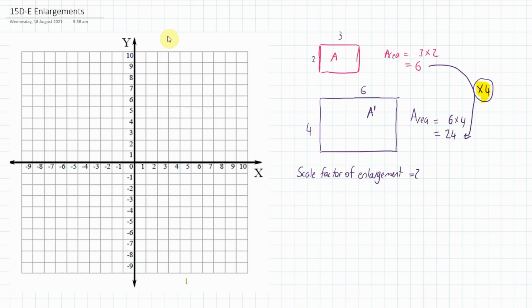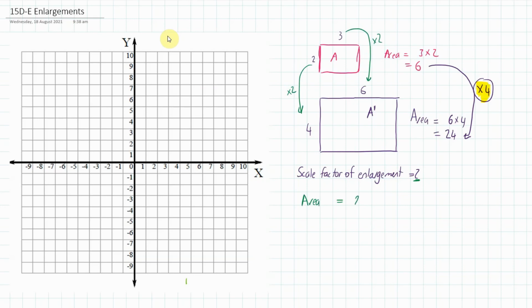So what does a scale factor of 2 actually mean? Well, it means that every side is multiplied by 2. And since when we're talking about area, we're talking about 2 dimensions, then both of those dimensions are going to be multiplied by the scale factor of enlargement.